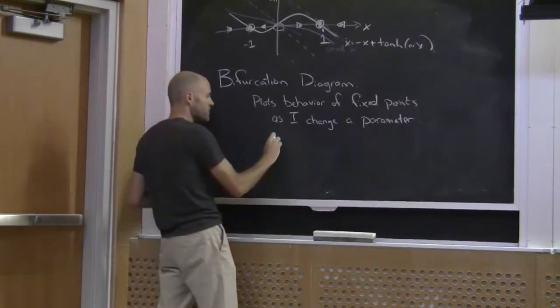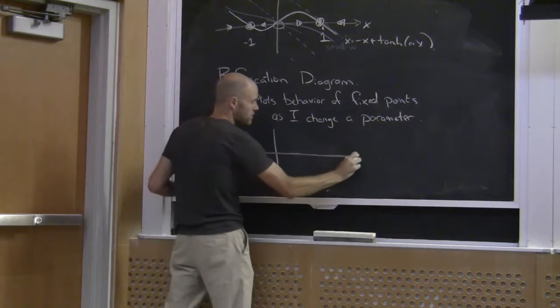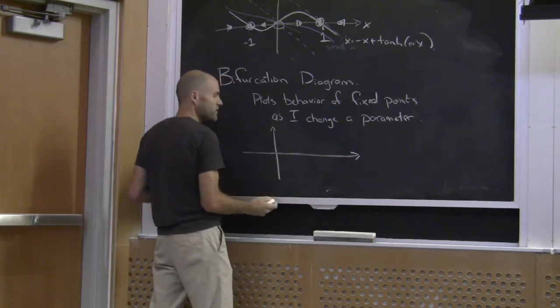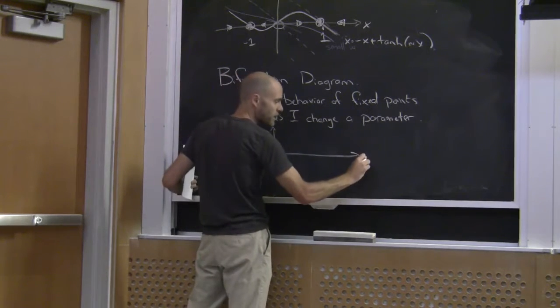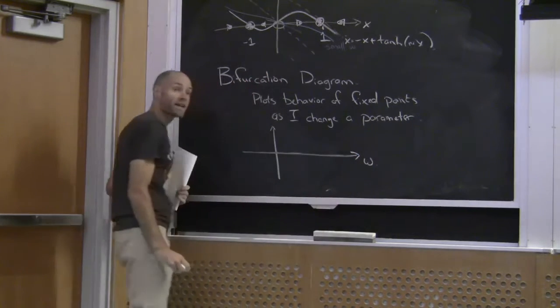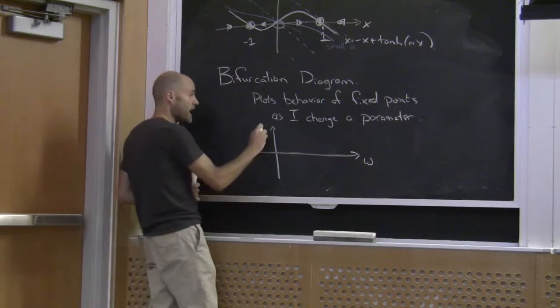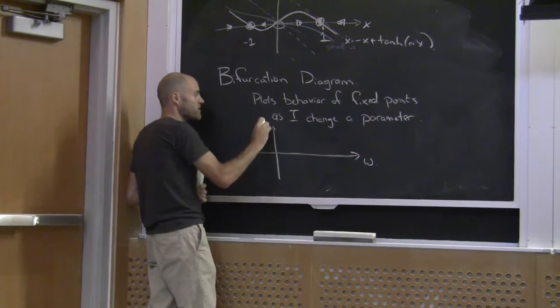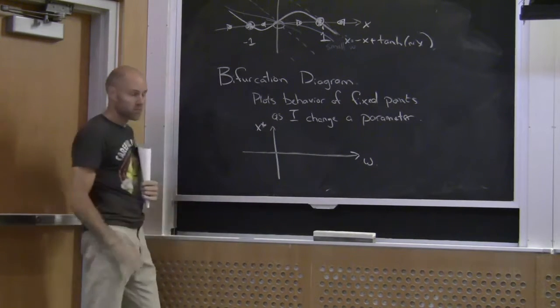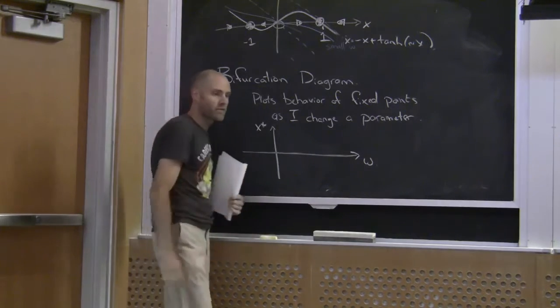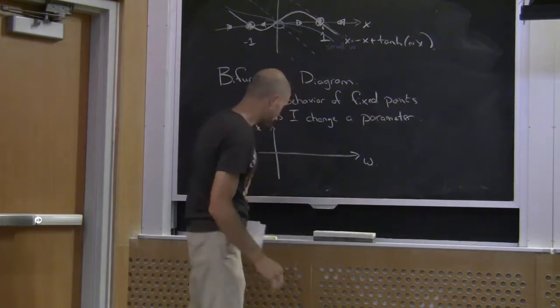So what I'll plot here is the parameter change, which is my feedback gain W. And I'd like to plot X star, the locations of my fixed points, as a function of that parameter W. Okay?